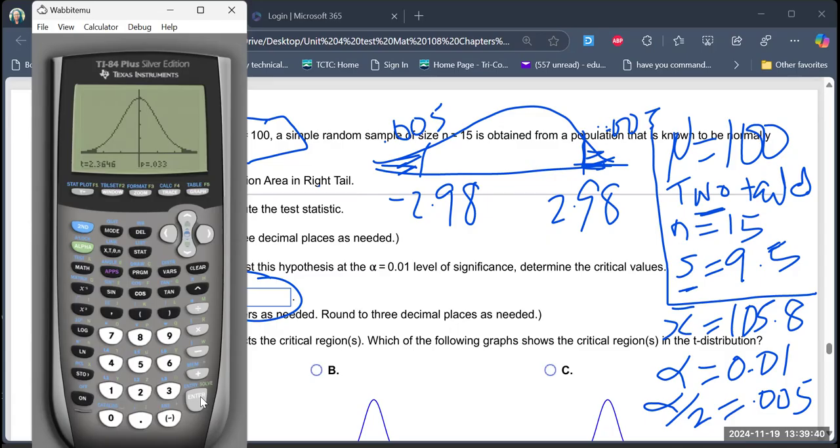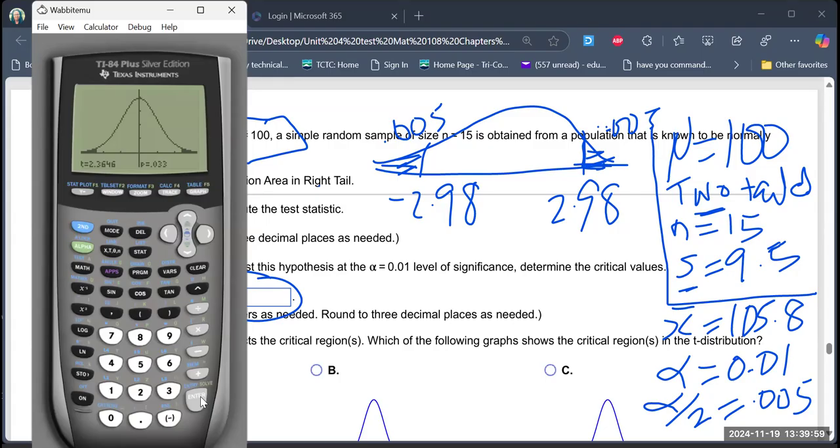Another way of saying it is 3.3%. 3.3% is greater than 1%, though. Therefore, the p-value is greater than alpha. I will accept the null with the p-value.